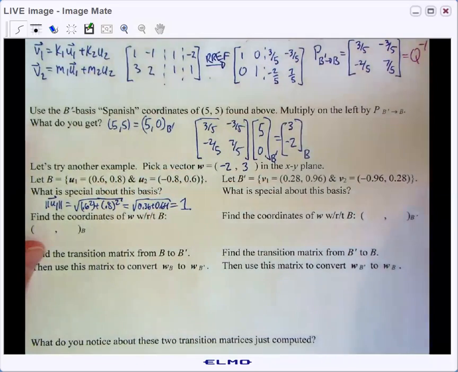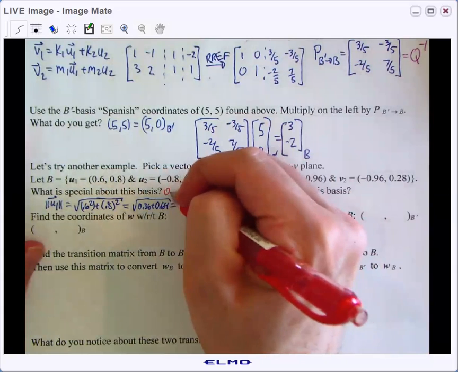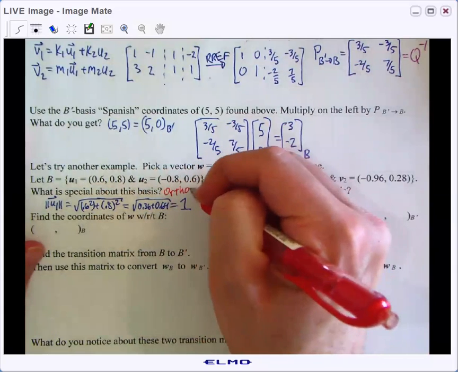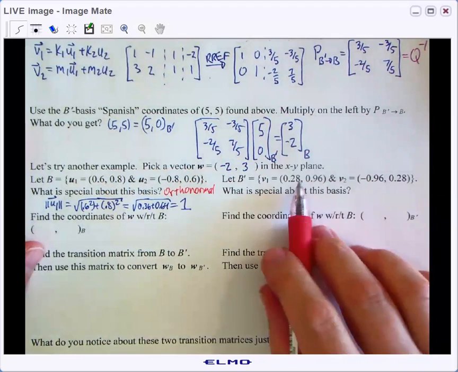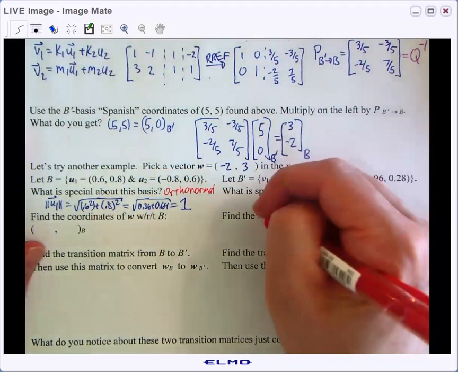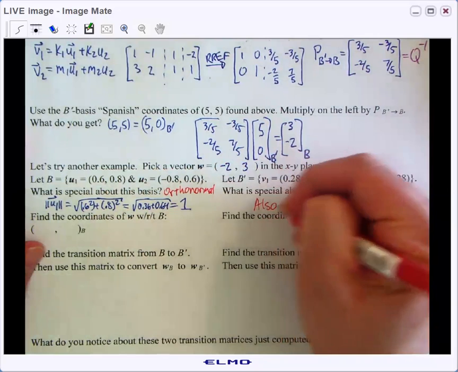So this basis is orthonormal. Okay? And you'll also notice that this basis is also orthonormal.